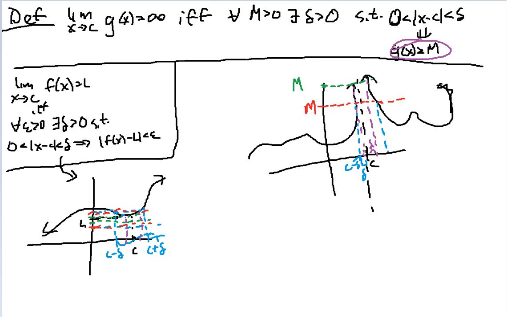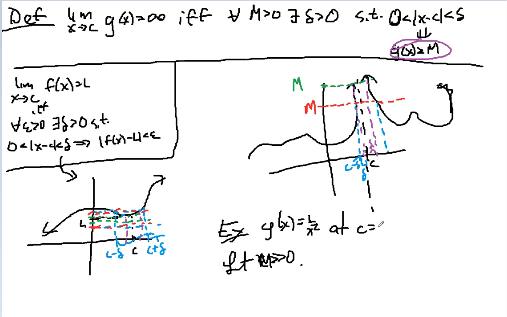So I encourage you to try this out with an example. g of x equals 1 over x squared. If you let m be bigger than 0, and then at c equals 0, then you can choose delta equal to, say, 1 over the square root of m.